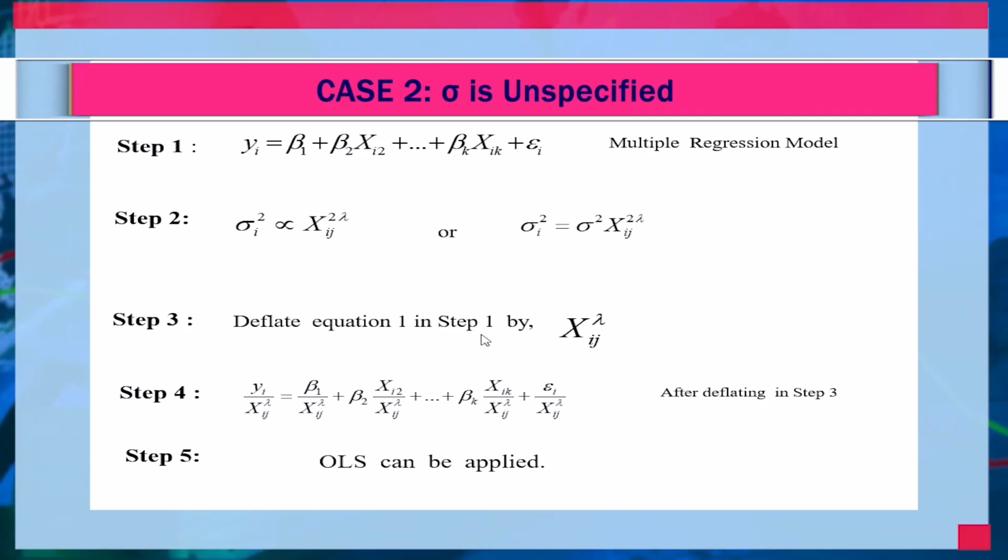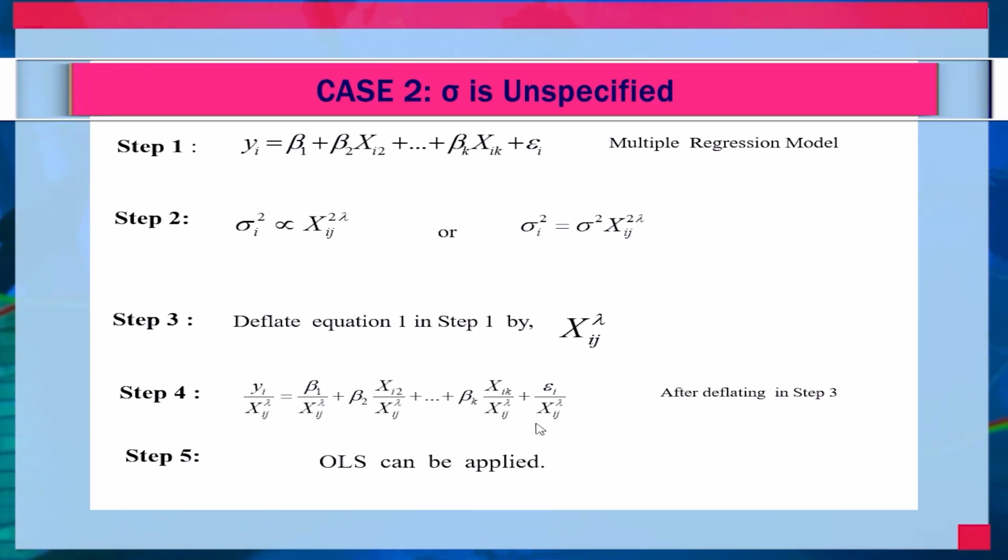In this particular model, in step 2, we address the nature of the relationship where sigma squared is directly proportional to xij square. In step 3, we identify the origin of the problem, which is just a conjecture, a guess. After identifying it, we divide the entire equation, LHS and RHS, by xij square, because that is how the deflating is done.